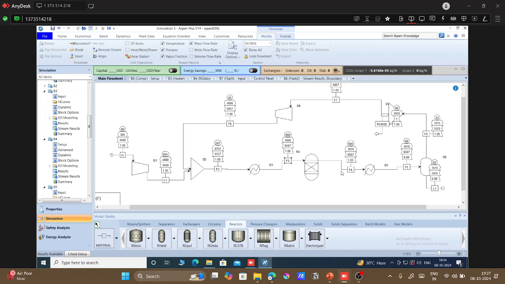Till this point we have complete vapor fraction only. After that, once we cool the stream, we have a vapor liquid stream from the outlet of the heater, second cooler, like first cooler you can say, from where the flash separates our main ammonia product, while the vapor product is being recycled back.